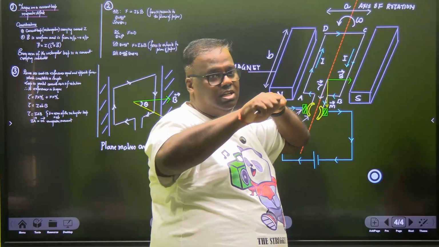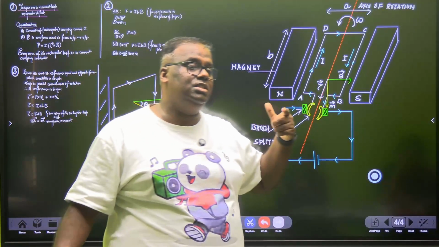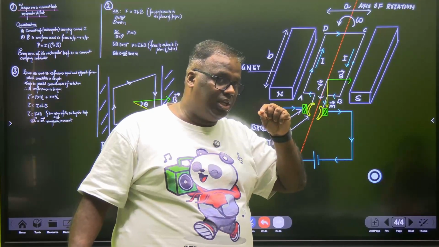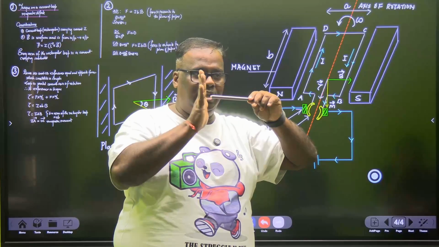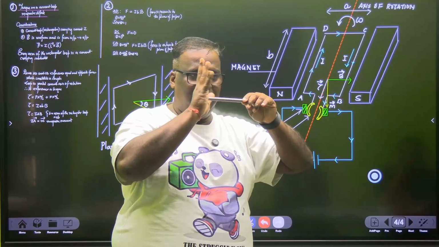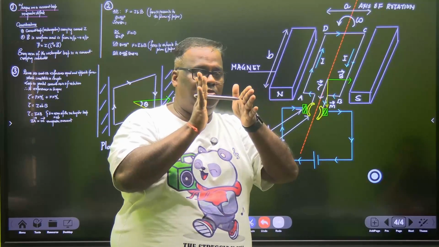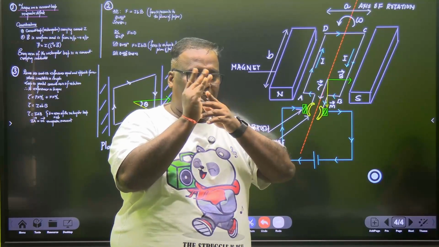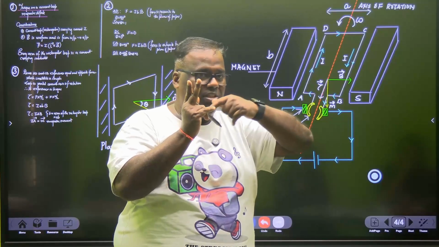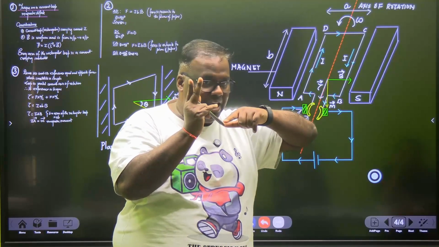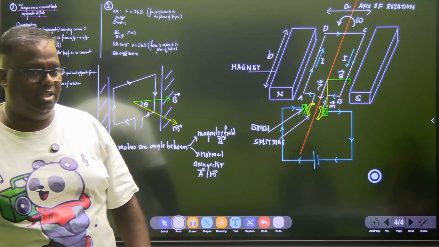Now it has turned. Whenever you turn, you have to take the perpendicular distance between the axis of rotation and the applied force. In the first scenario it was very easy. This is the axis of rotation and the force is on this side, so the perpendicular distance was very easy. Now you have shifted like this. Now your perpendicular distance is this, and this being theta, this being A, it will be A by 2 sine theta.